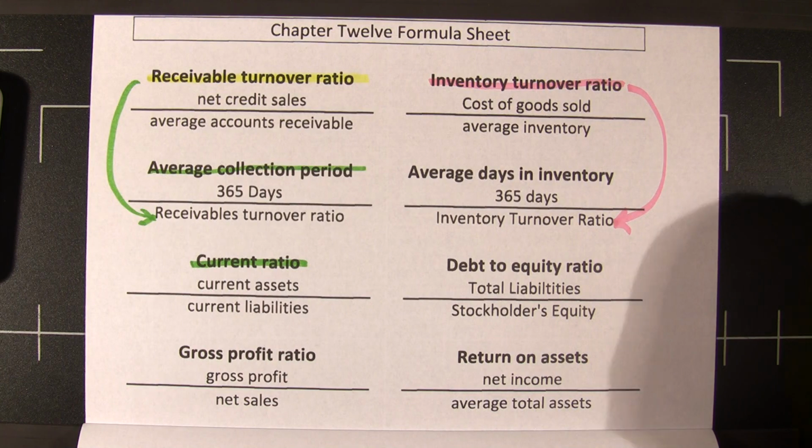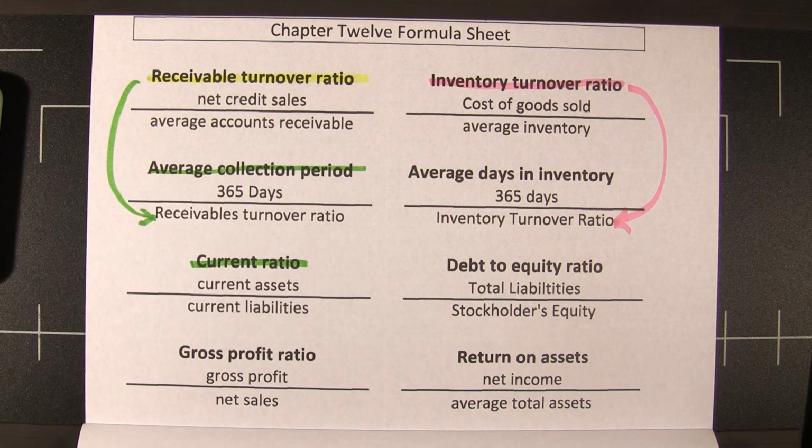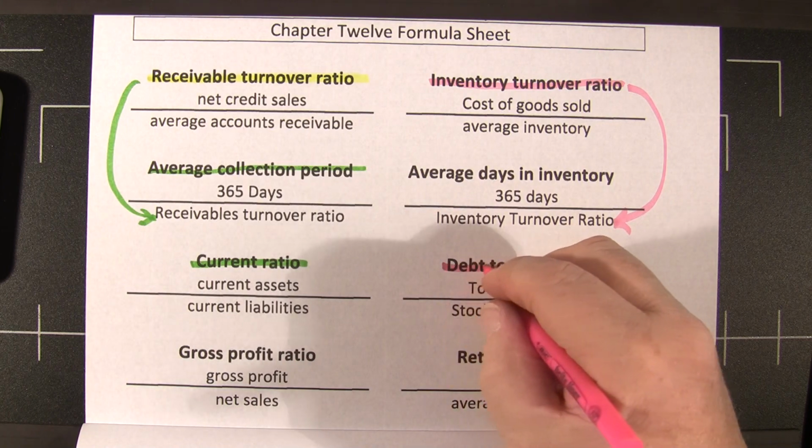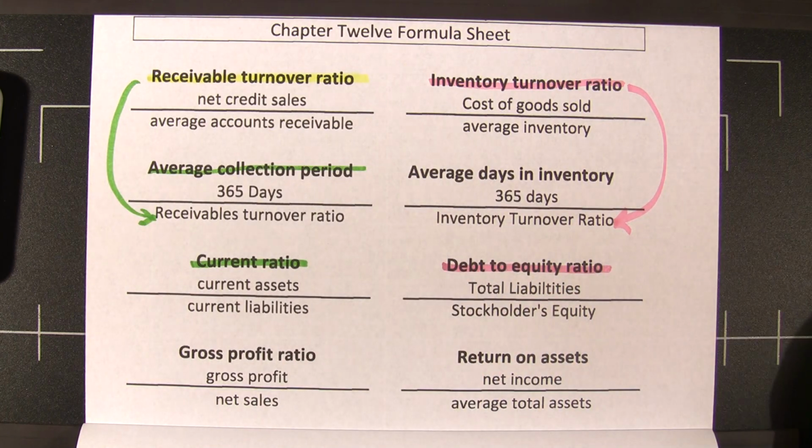The debt to equity ratio looks at how much of our total capital structure is financed by outsiders and insiders.